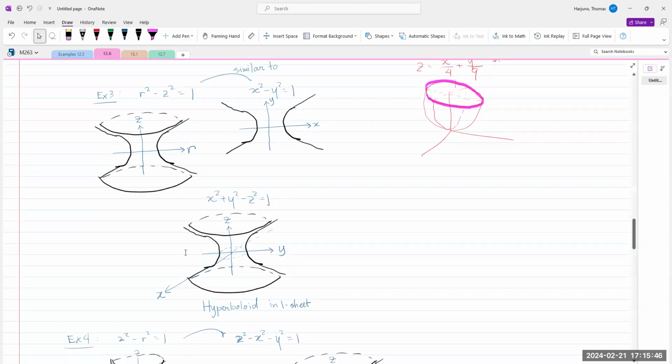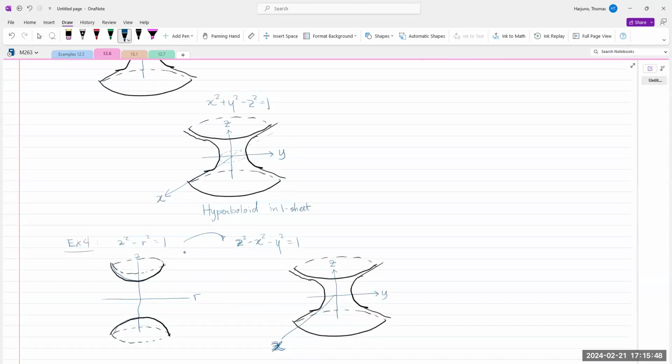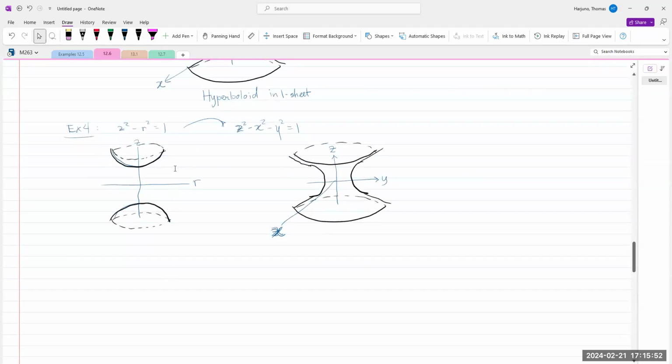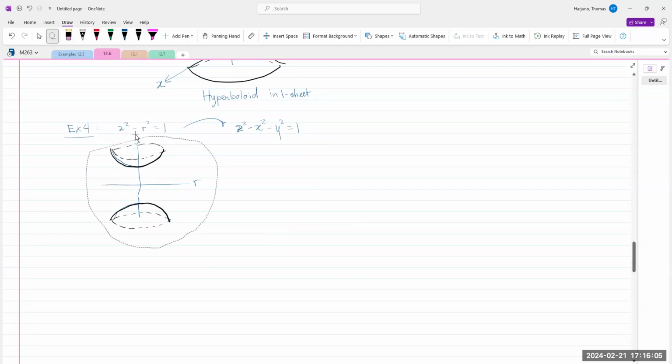Okay, now the last example here is, oops, no, that's not what I copied earlier. Sorry, this is not what I copied earlier. I want to copy this. Copy and then paste.